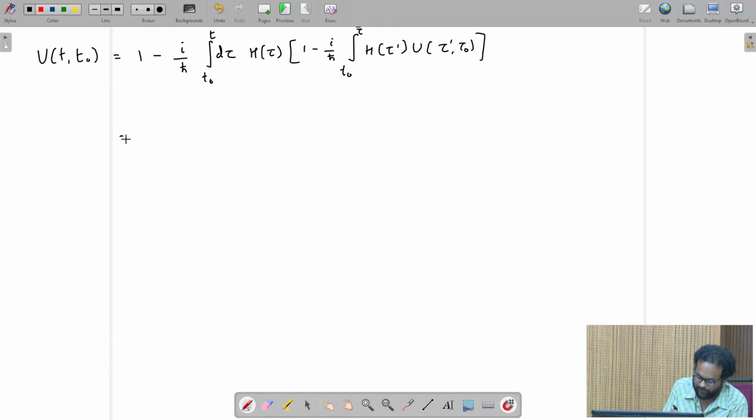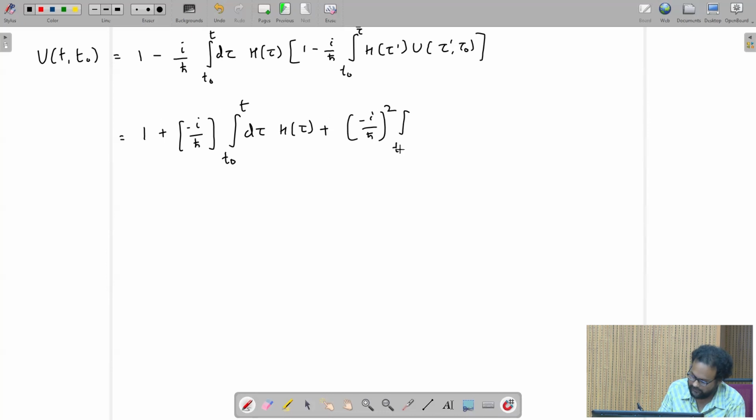Let's expand it again once more. So if I keep expanding this out, H of tau plus h cross squared integral t naught to t d tau integral t naught to tau d tau' H of tau' times H of tau' U of tau', t naught.